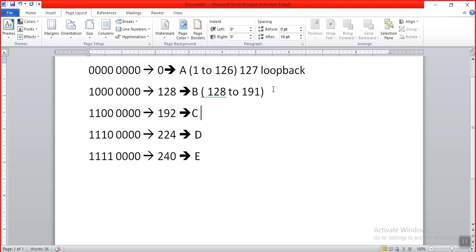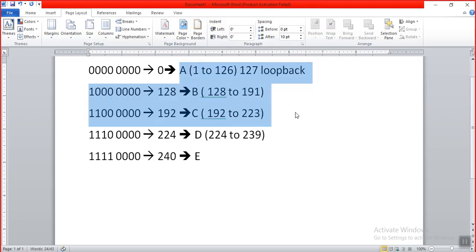Class C is from 192 to 223, because 224 is the starting point of class D, 224 to 239, and next as usual. So our main target is class A, B and C.